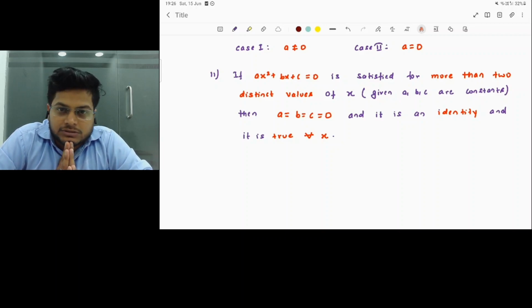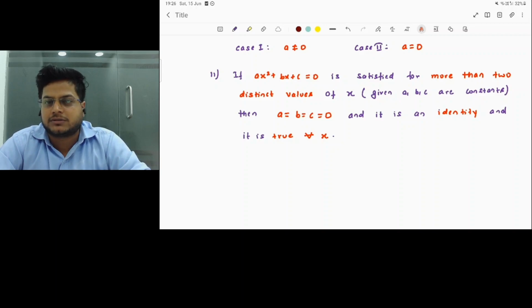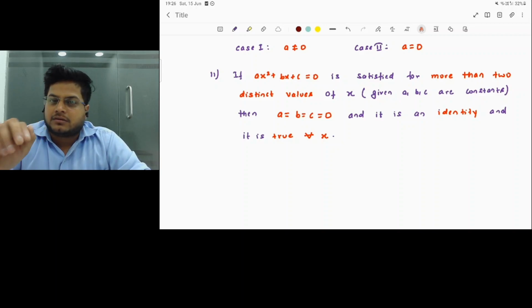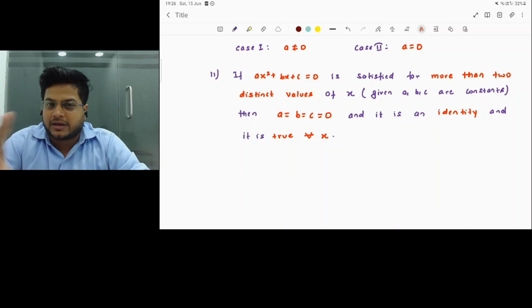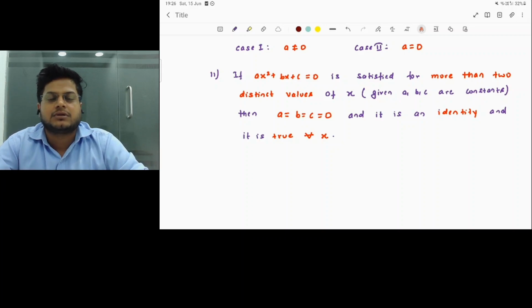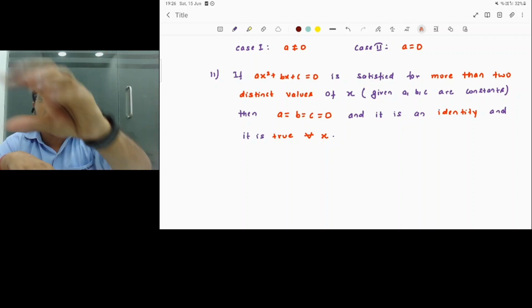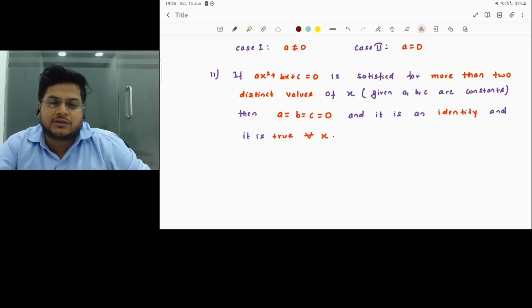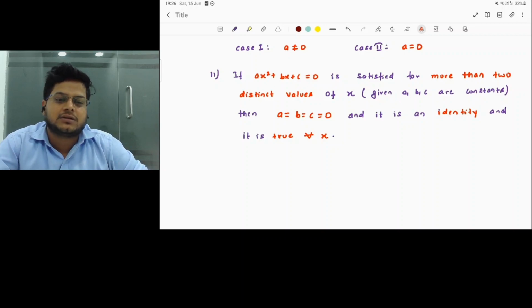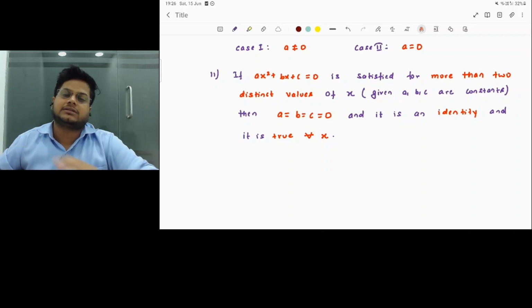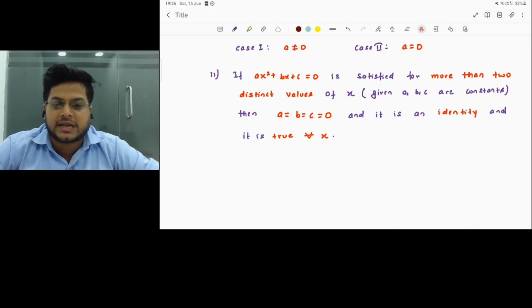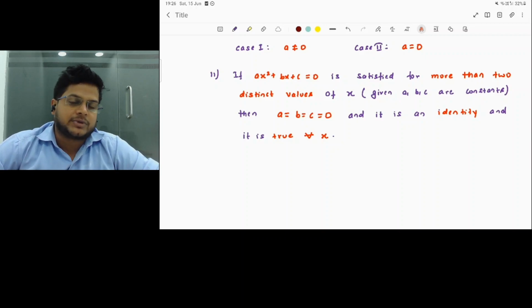I hope we are comfortable on this, the conclusion part. Let me quickly repeat. If a, b, c become 0, your left hand side expression is 0 into something square, 0 into something, plus 0. You keep substituting x values. 0 in multiplication will ensure that it makes the entire thing 0. So left hand side is 0, right side is 0. Equal to is intact, and both the parties are happy.